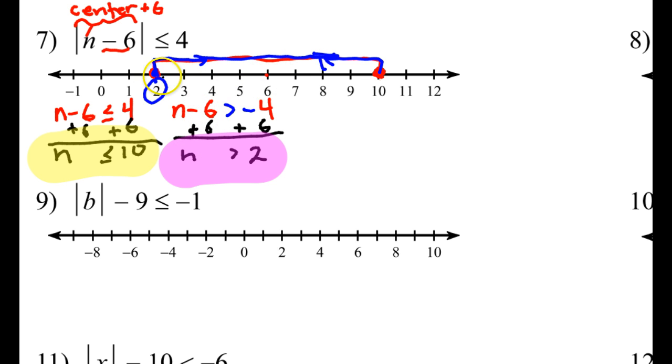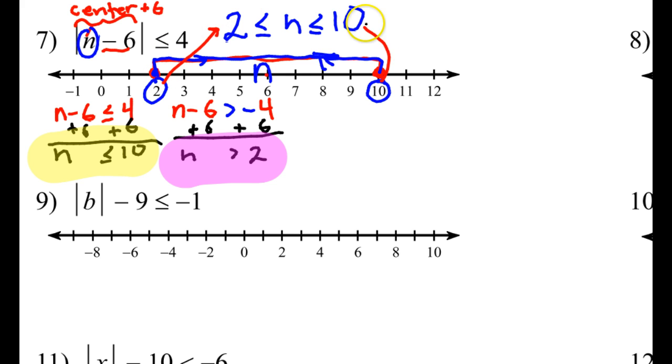And another way to write your answer, I'll give you some extra credit if you write your answer this way for the less than. Your smallest number is 2, your biggest number is 10. Your answers are all in between. All our answers are n. That's our variable. So another way of writing your answer here is going to be 2 less than or equal to n less than or equal to 10. You just take your small number, put it on the left here.